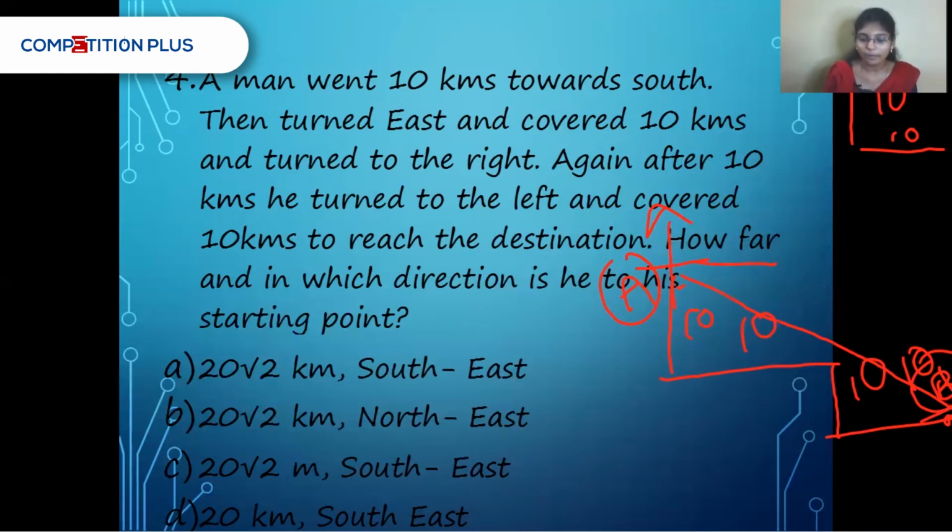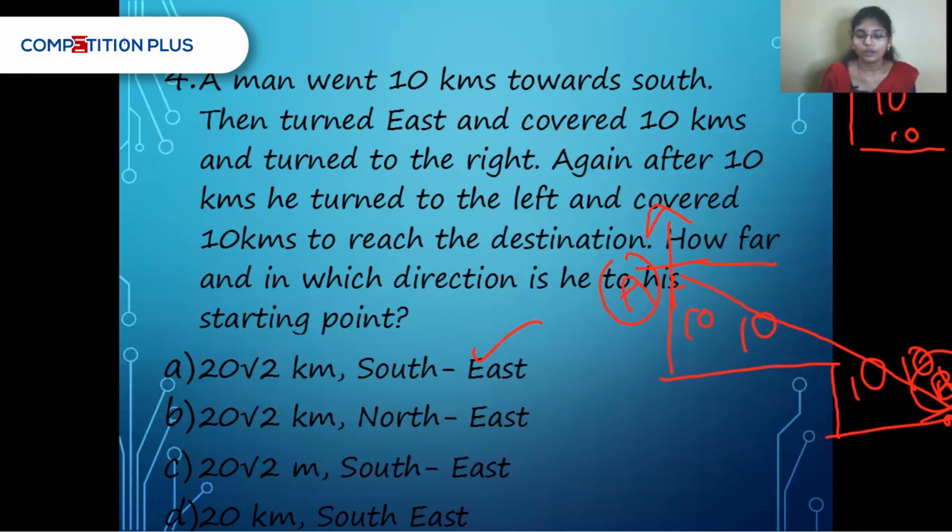From the starting point, he seems to be towards the southeast. Sometimes your question may be asked in the way of what is his direction at the end of his journey? If so, the answer would be east.